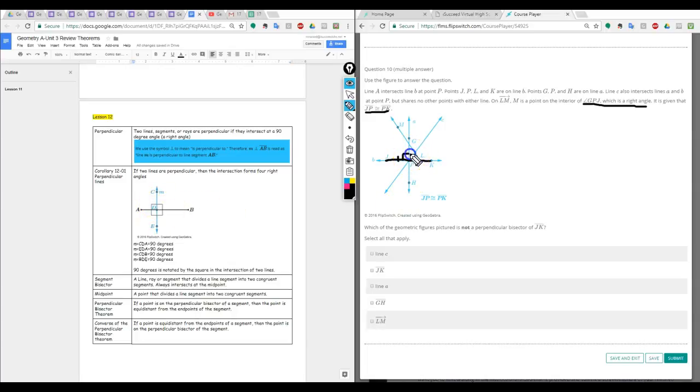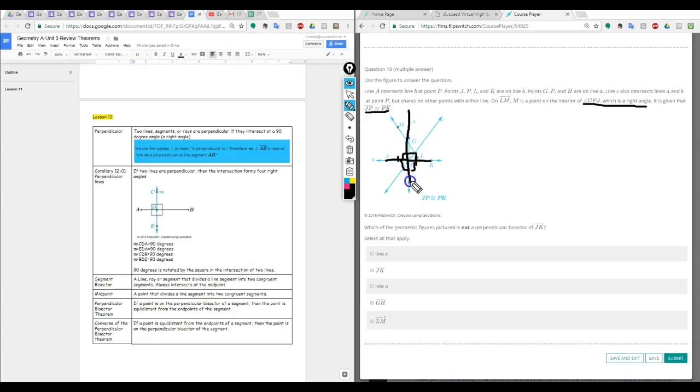So we know all of these angles formed between line A and line B are 90 degrees. So they want to know which one is not a perpendicular bisector.